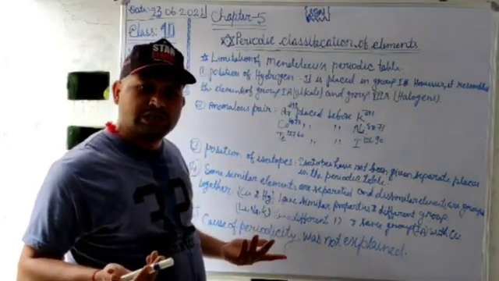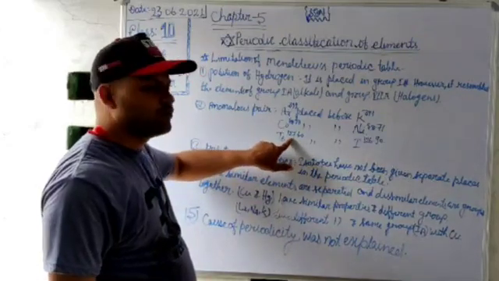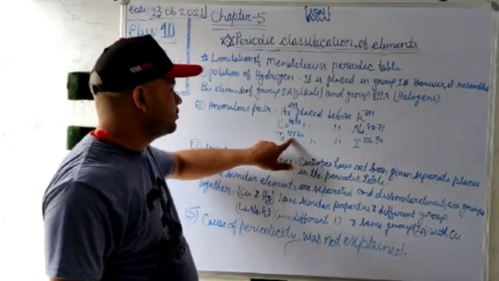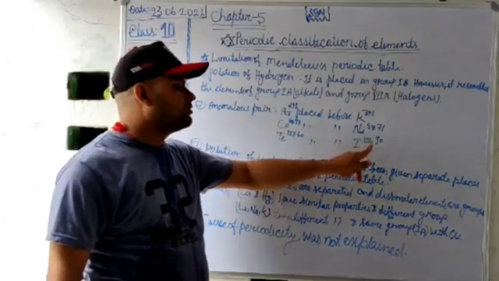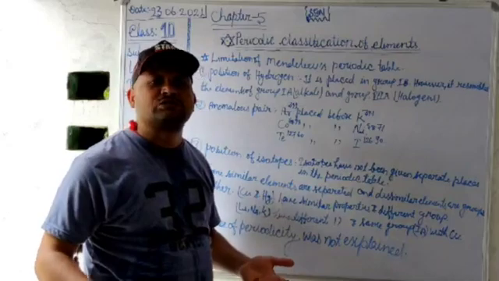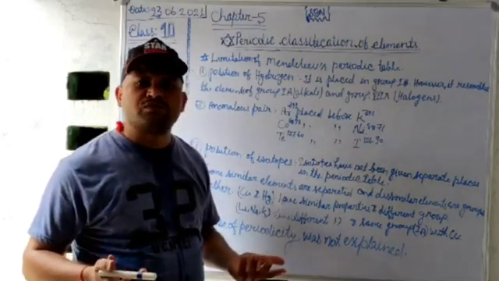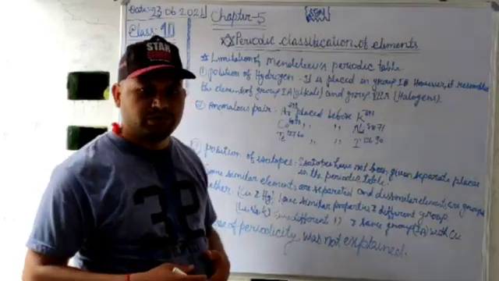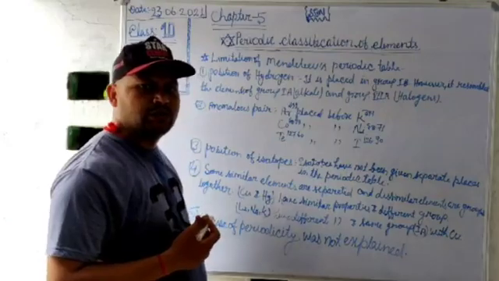It's not explained. And tellurium, the atomic mass of tellurium is 127.60, which is placed before iodine, 126.90. It was not explained. So it is a big drawback of Mendeleev's periodic table. You have to remember these things.